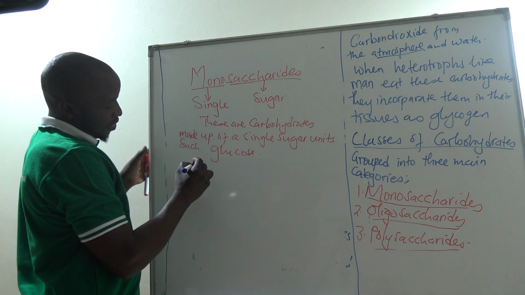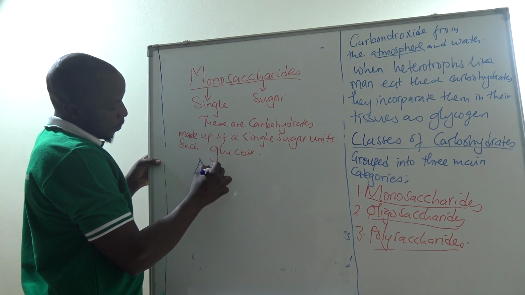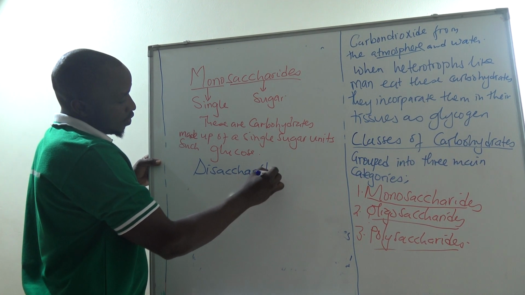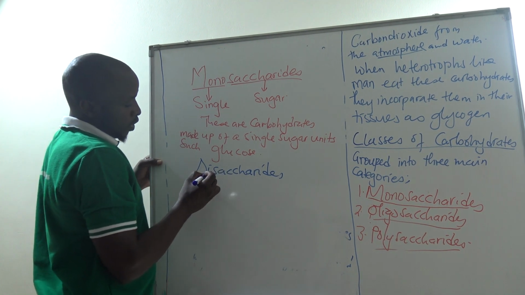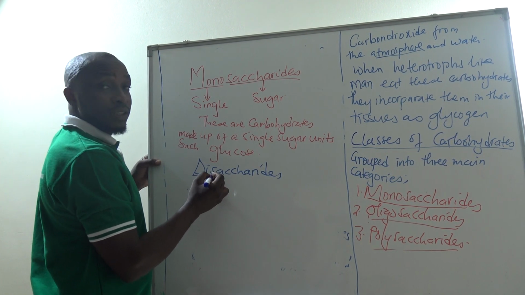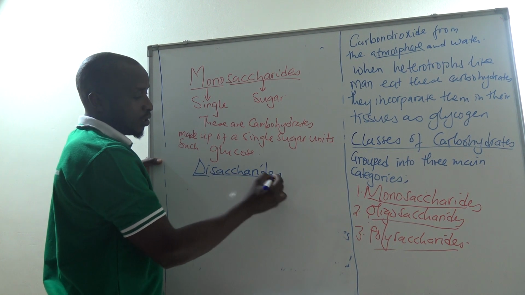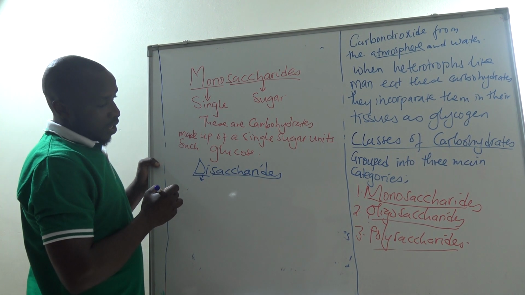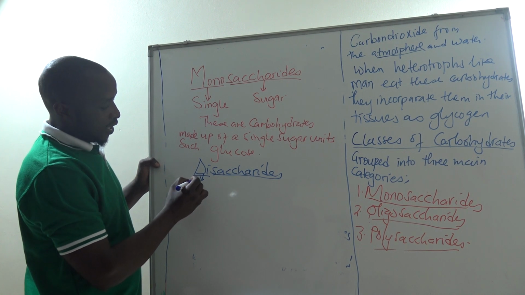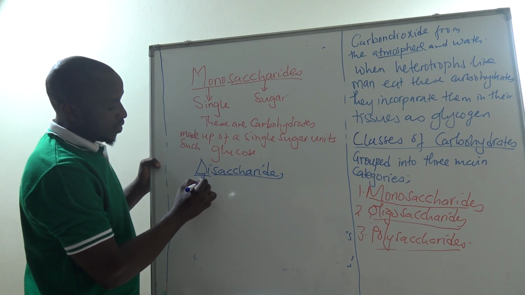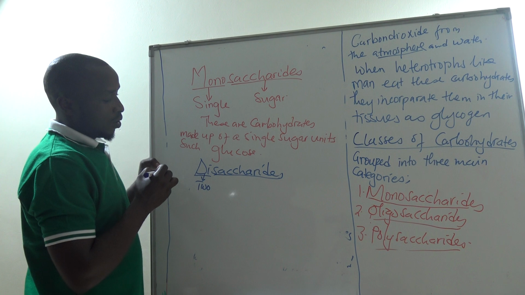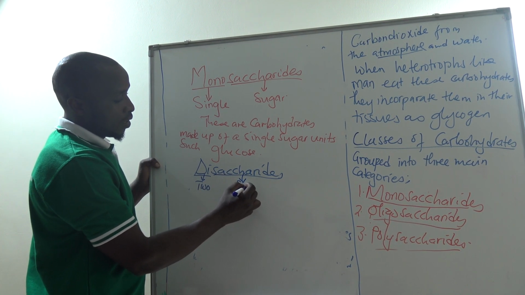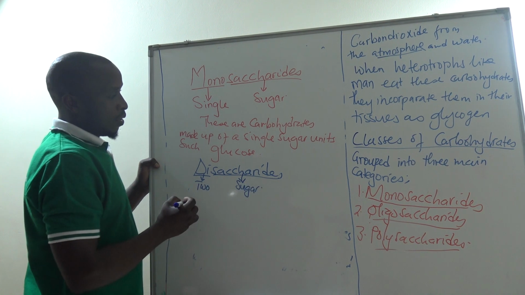Then disaccharides. These biological words sometimes communicate directly, whether they're in Greek or Latin. Di stands in for two, and of course we have said saccharide is standing in for sugar.